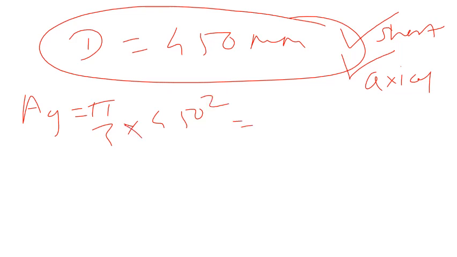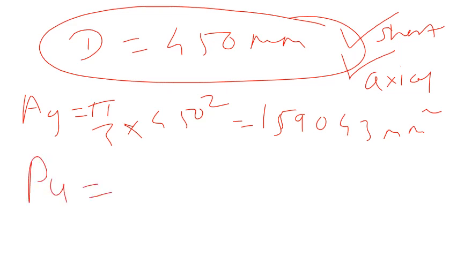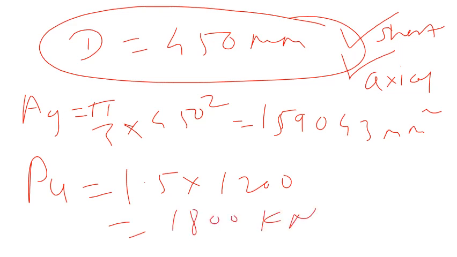So gross area will become 159,043 millimeter square. Then find out the ultimate load carrying capacity, because the load carrying capacity is given. So Pu will be equal to 1.5 into 1200. So this will be equal to 1800 kilonewton.